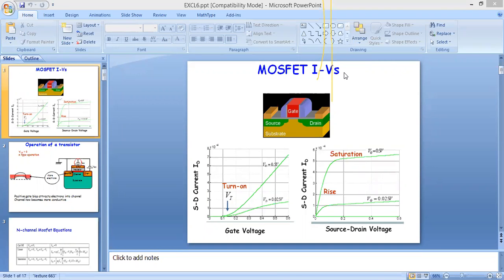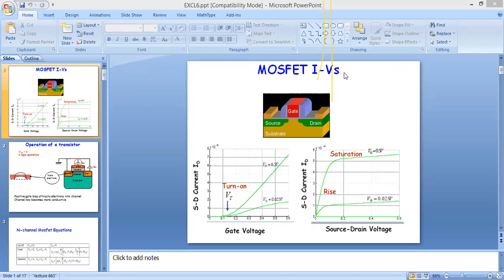There are two types of FETs: JFET and MOSFET. If you compare JFET with MOSFET, JFET works only in the depletion region, but MOSFET works in the depletion as well as the enhancement region.